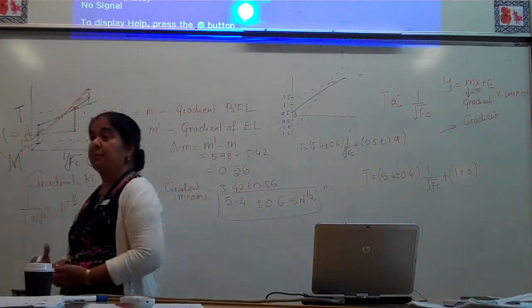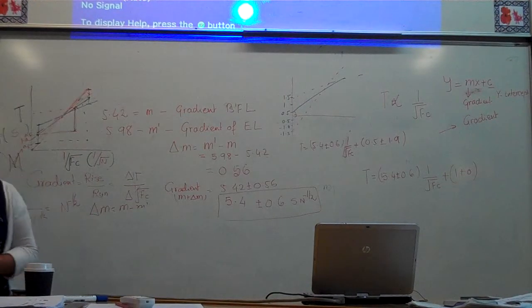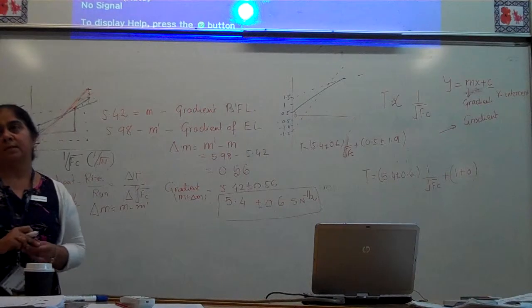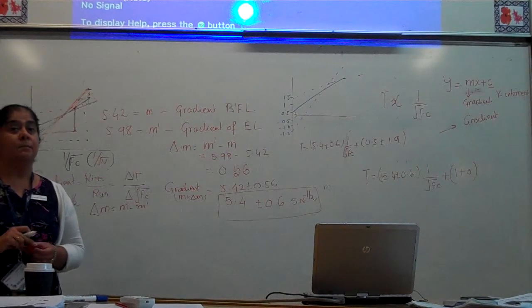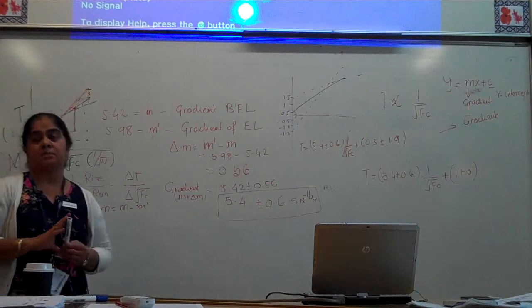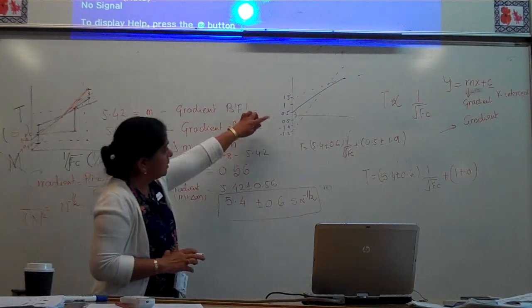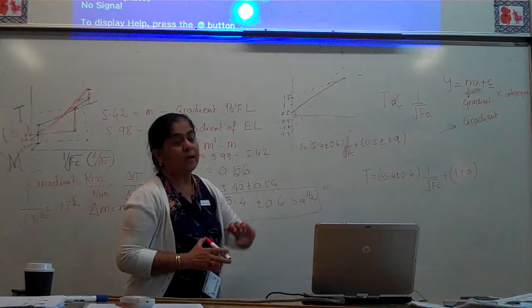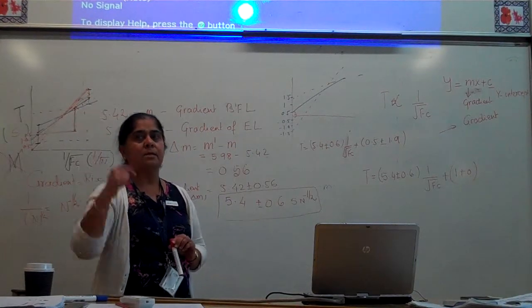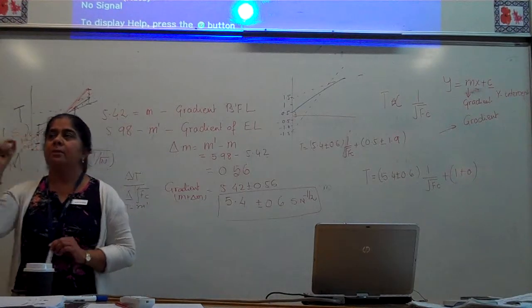Normally it doesn't come that big a number. You won't write negative, but you will write plus and minus 1.9. If it comes as a negative intercept, you will count the difference and you will write it there. And moreover, these little minor things are more needed for merit and excellence.